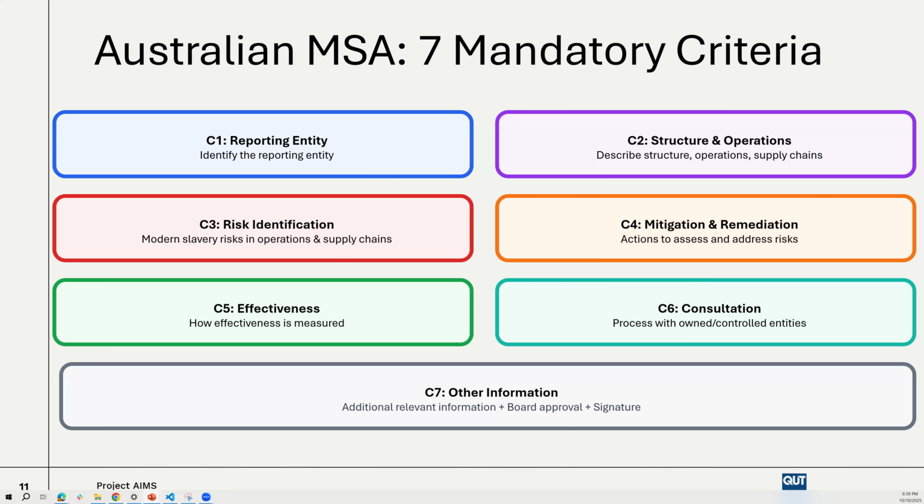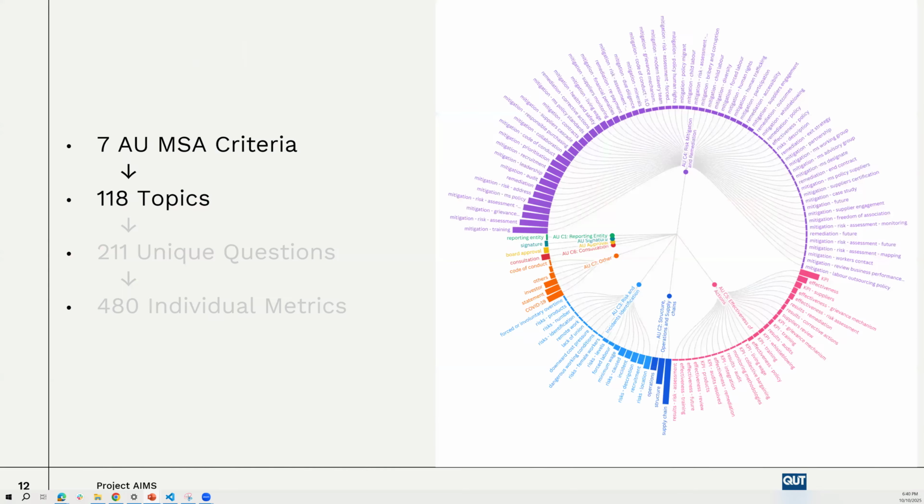But also, if they found cases of modern slavery, how are they remediating for those cases? And then to present how they are measuring the effectiveness of these actions throughout each year, and how are they consulting with the entities they own and control in the development of this modern slavery statement. So making sure that all the other institutions that the company owns and controls are aware of the statement and all the other policies that the company has, and any other information that the company would like to talk about.